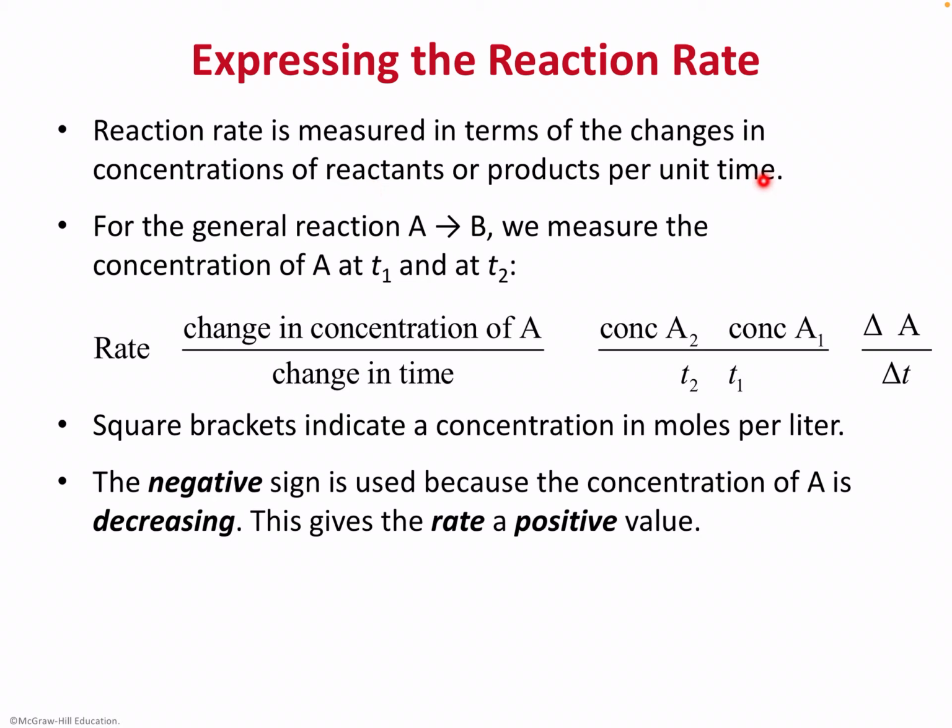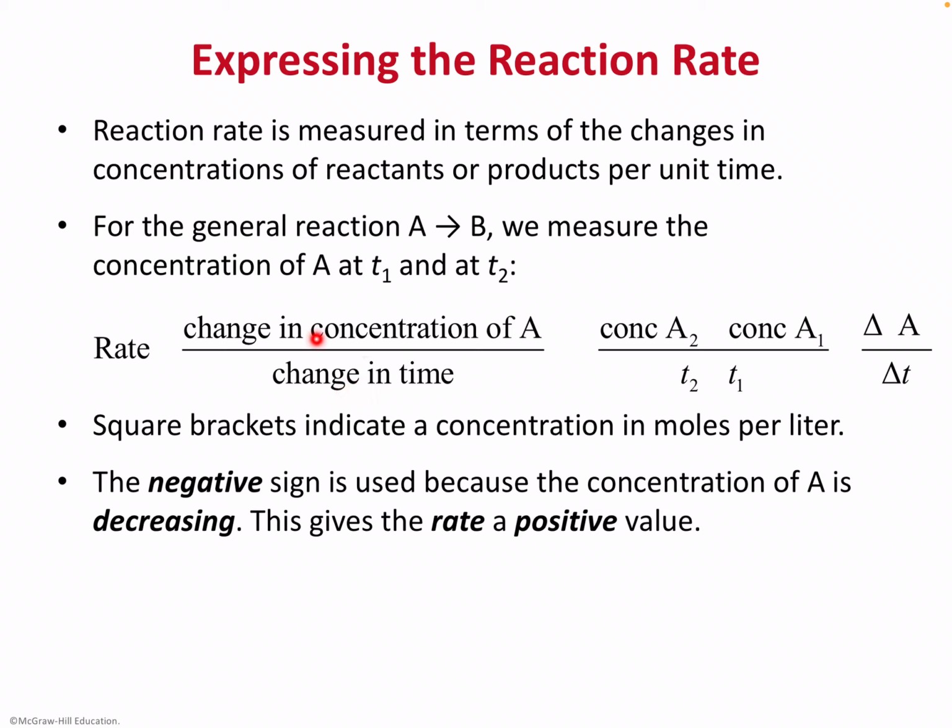At a certain time period, what is the change in reactants or the products? Let's say we have a general reaction, A goes to B. We measure the concentration of A at time 1 and time 2. So the rate is expressed as change in concentration of A over change in time.